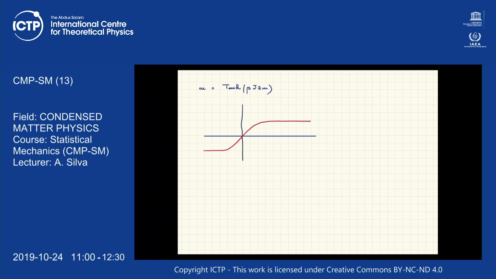But the slope close to m equals 0 is determined by this coefficient, while here you have just a straight line, okay? So this straight line, let's draw it here, like this.